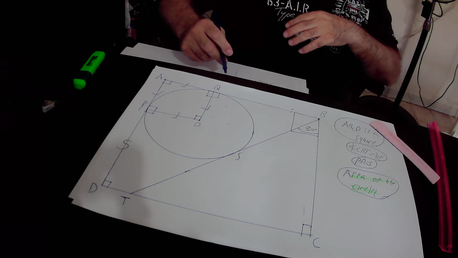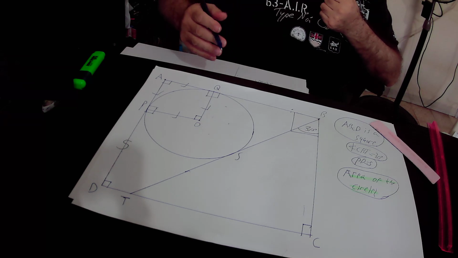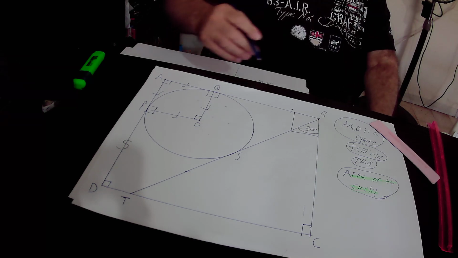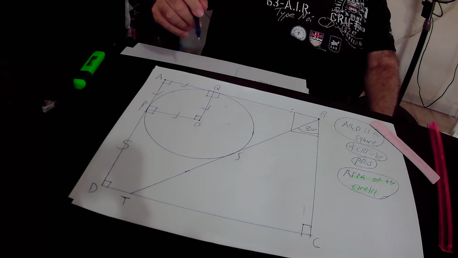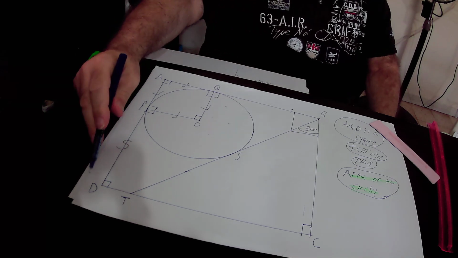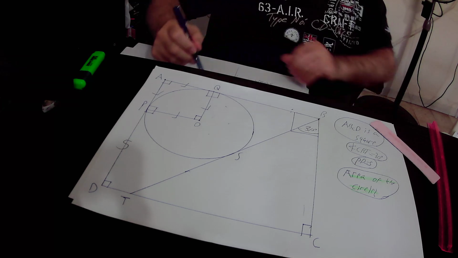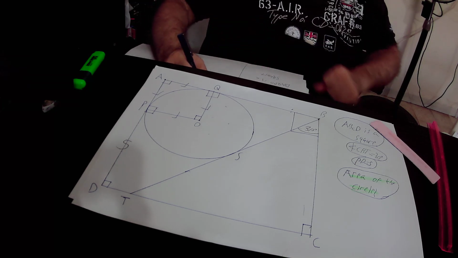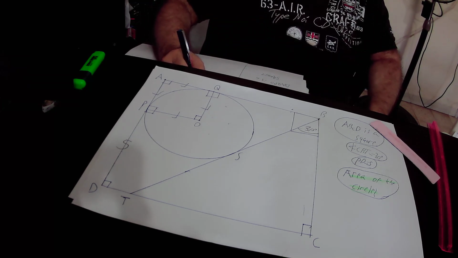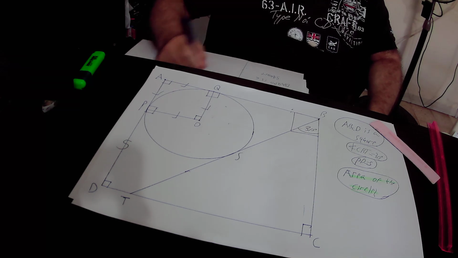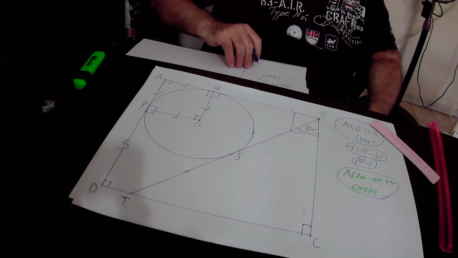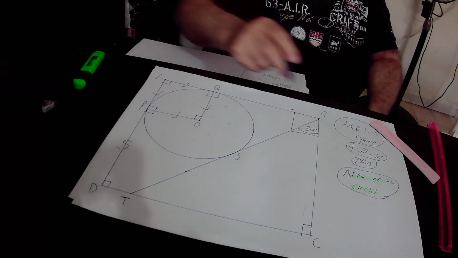Okay, we also know that all the sides of square ABCD are equal to each other. That is to say, side AD equals side AB.